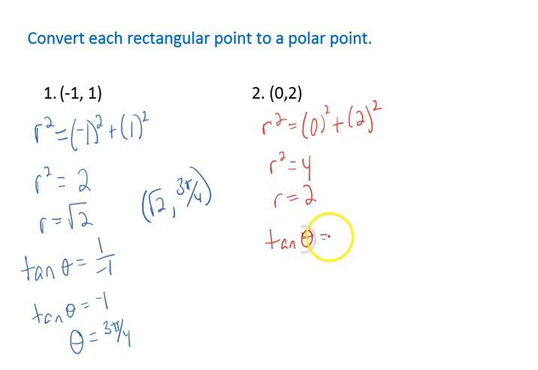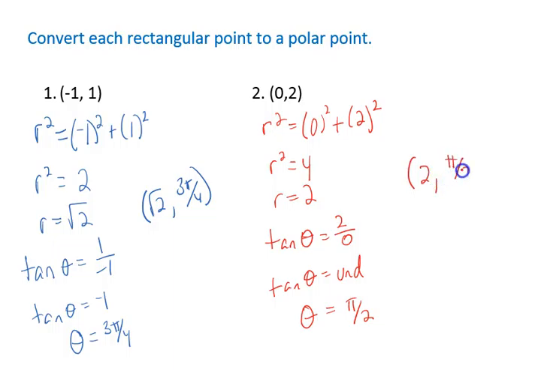Tangent theta is going to equal the y over the x, which means it's going to be undefined. And again, if you have your tangents memorized, as I suggested from your unit circle, then you'll realize that your theta, your angle, is pi over 2. So we have to go back and remember all that unit circle stuff again. So I have radius of 2, theta of pi over 2.